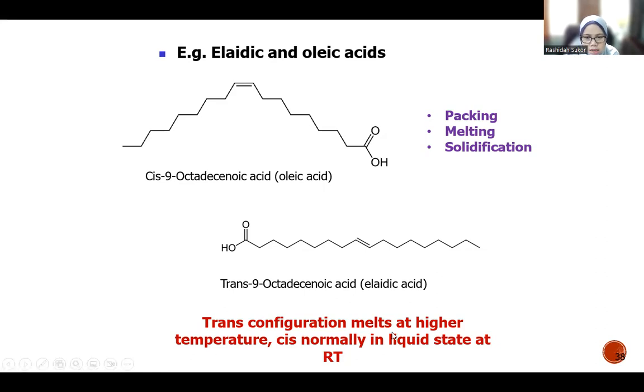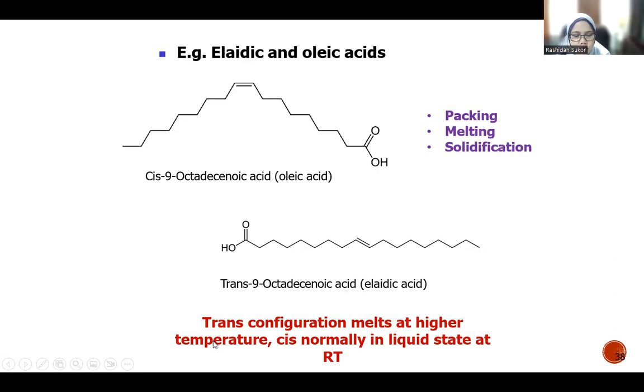And also cis are normally liquid state at room temperature. So if, like I said, if you want to make the spread, but using olive oil to make the spread, macam mana nak jadikan oil to partial solid kan? Okay, partial solid, that means dia bukan actual solid tapi dia more easy to be spread.